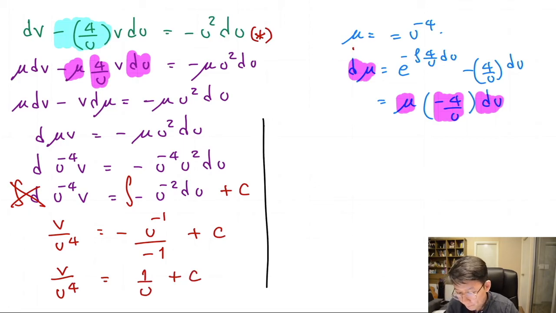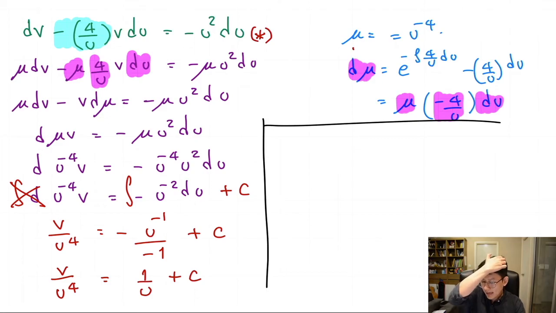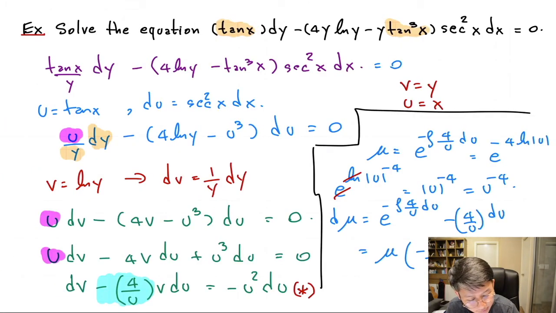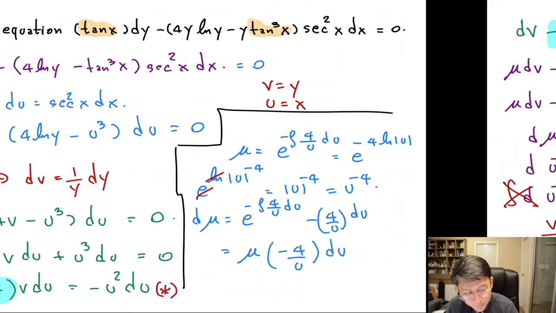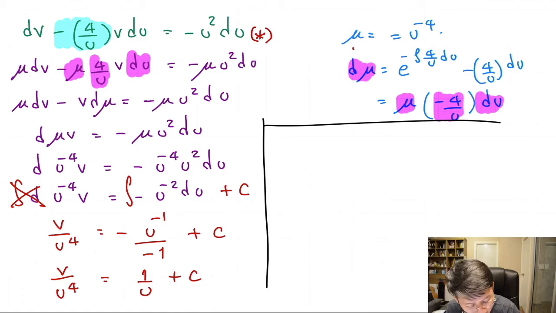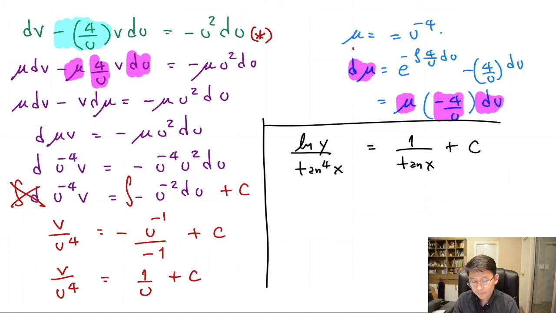But as we know that u is tan x and v is log y, so we have log y divided by tan to the 4 x equals 1 over tan x plus c. Okay, and that is the solution.